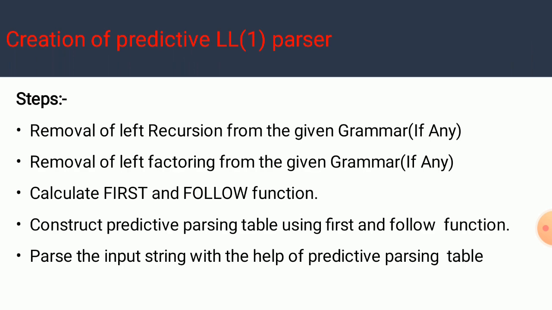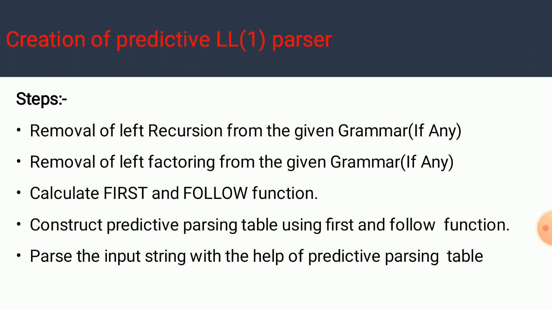Firstly we start with how to create an LL1 parser or LL1 parsing table. There are the following steps. The first step is, for any given grammar for which we want to generate our LL1 parser, we first remove left recursion if it exists. Then we remove left factoring.